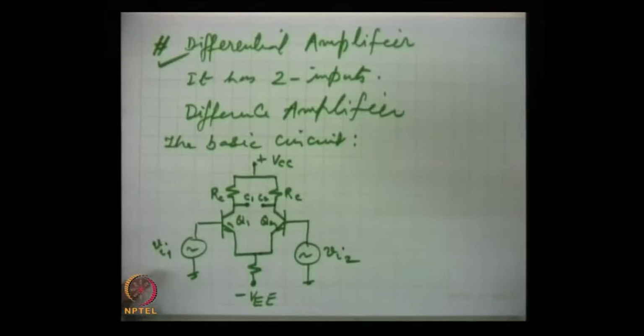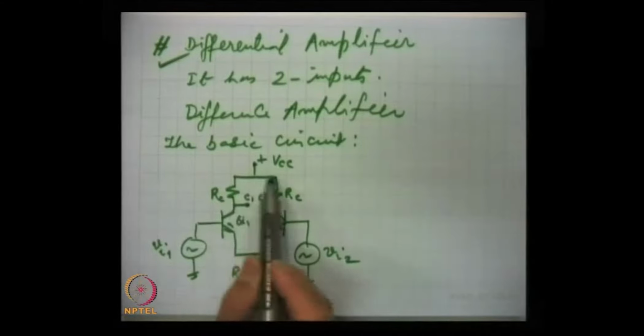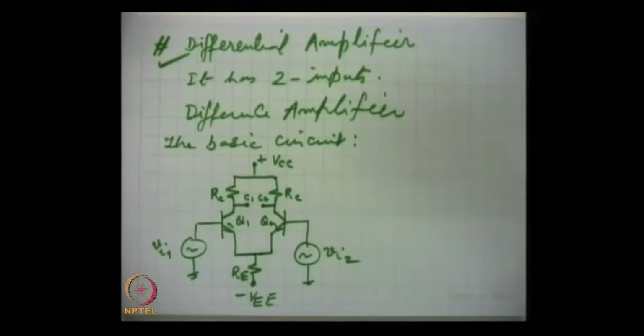This is the basic circuit of a differential amplifier. There, Q1 and Q2 are two transistors, and they have been connected such that they have a common emitter resistance Re, and they are connected at the resistance Rc also.